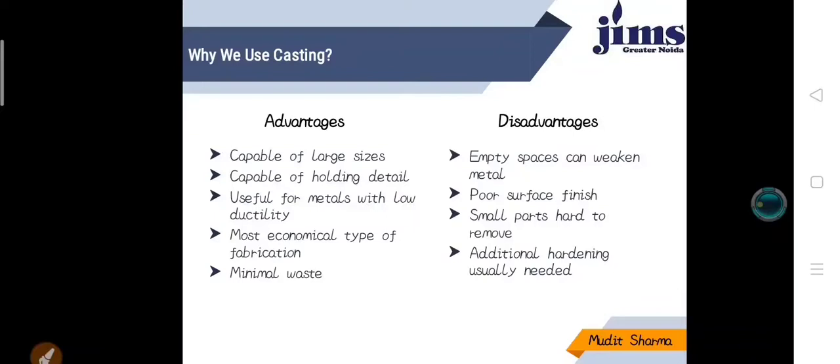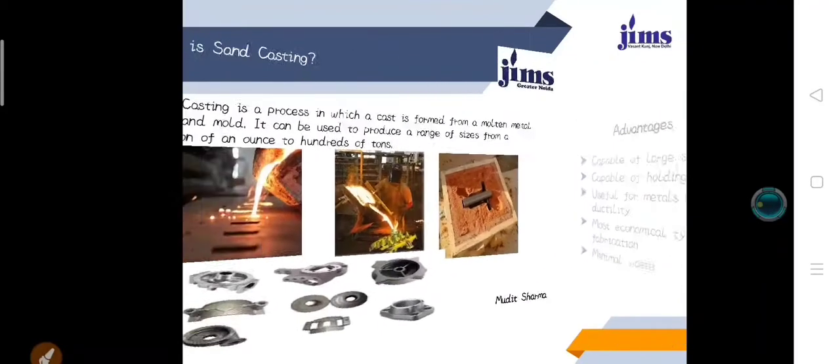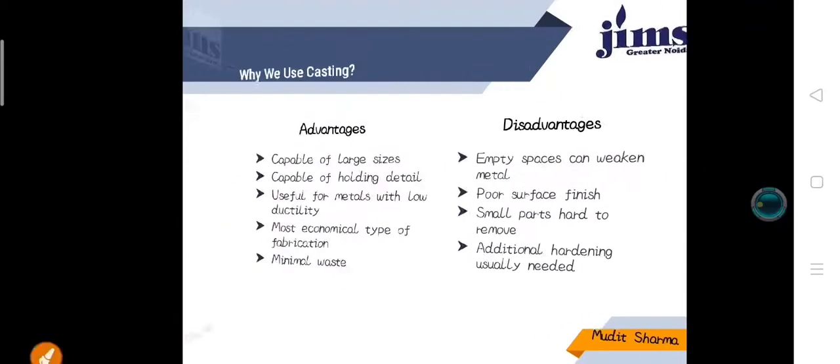This is also another advantage of casting. If I discuss the disadvantages or demerits of casting, they are poor surface finish, dimensional inaccuracy, defects arising out of moisture present in the casting, etc. These are the common merits and demerits of casting.